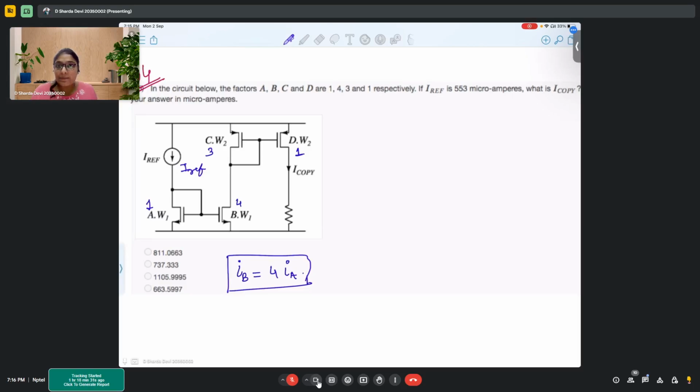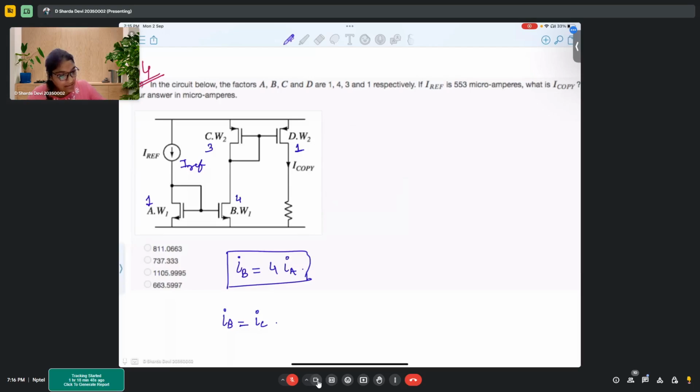Correct? Now, you know IB should be equal to IC. So that means IB is equal to IC.